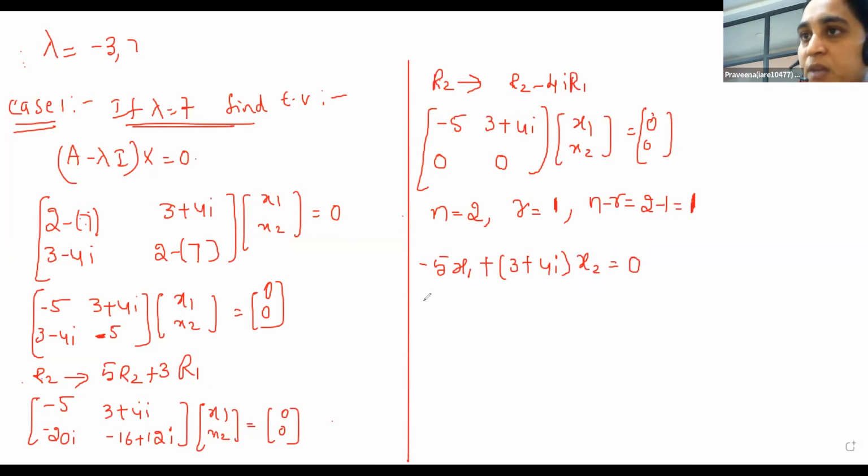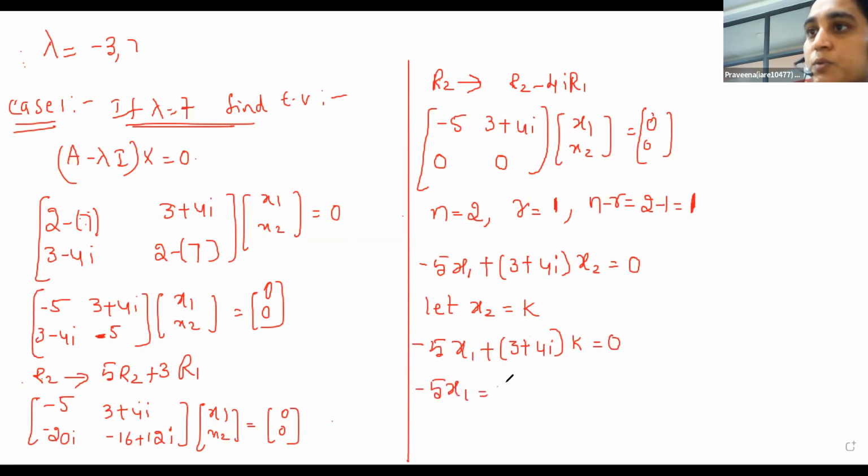Let us take x2 is equal to k. It is minus 5 into x1 plus 3 plus 4i into k is equal to 0. That is minus 5x1 is equal to minus of 3 plus 4i into k.